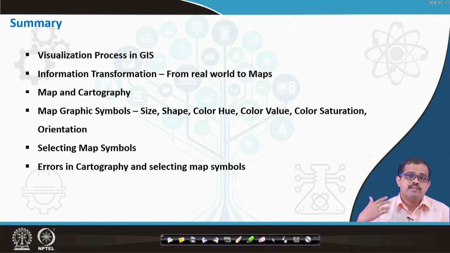We looked at how we select map symbols basically. Then errors in cartography and selection, how we actually look at all of these aspects. If we have understood this, then probably even creating a map and working on a map is much easier. So this is about how you create cartographic information.